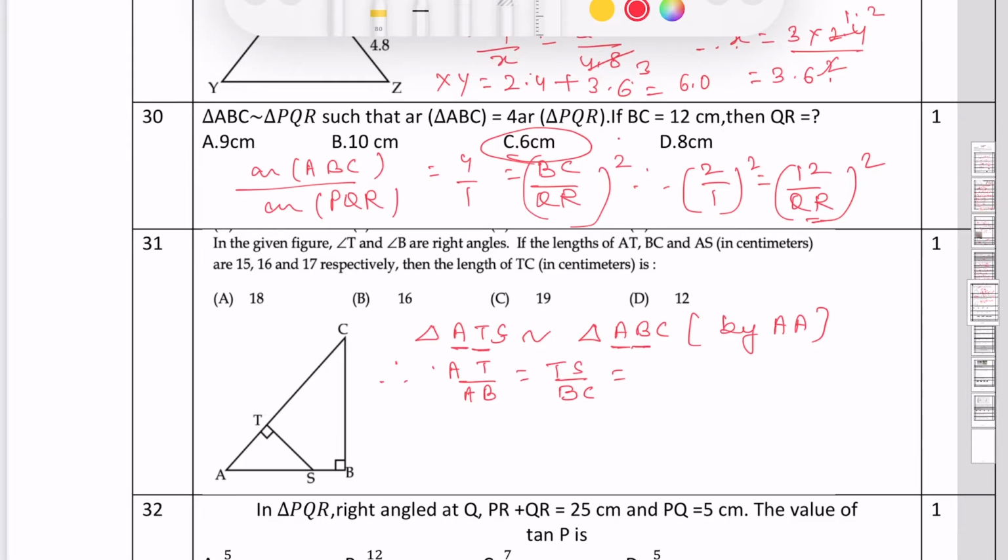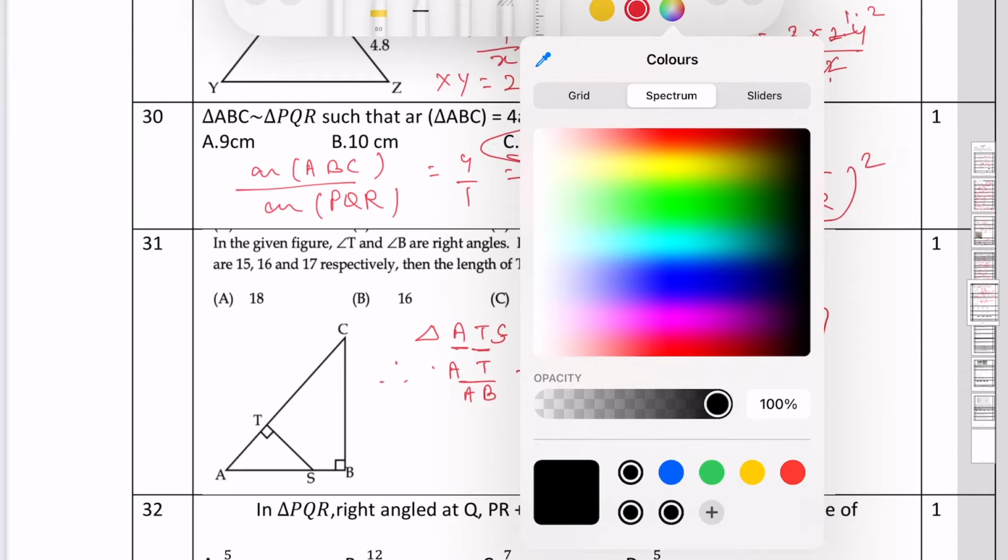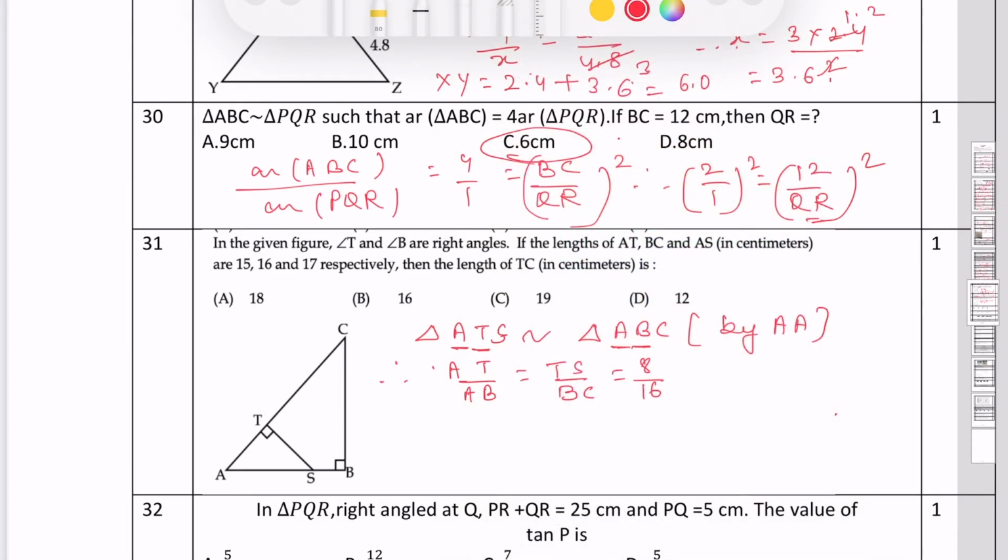TS is given 8, BC is given 16, and AS is 15, AB is 17. As it is 90 degrees, it is the Pythagorean triplet 8, 15, 17. You can find it by the Pythagoras theorem also. So it is 15 by 17 plus x is half. If you cross multiply, x is 13.